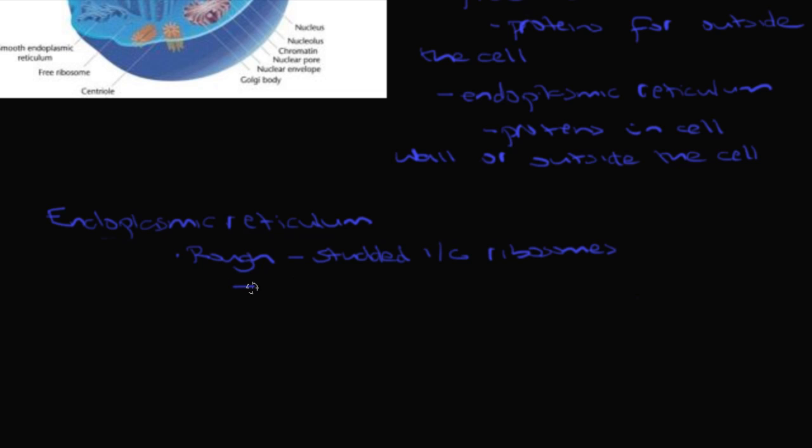And the function of this is to synthesize proteins, and it also acts as a storage area for newly synthesized molecules. And along with the Golgi complex, this will also synthesize and package molecules, so it works along with the Golgi complex as well.